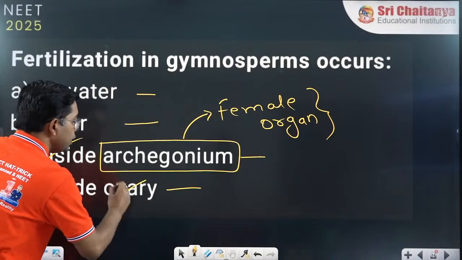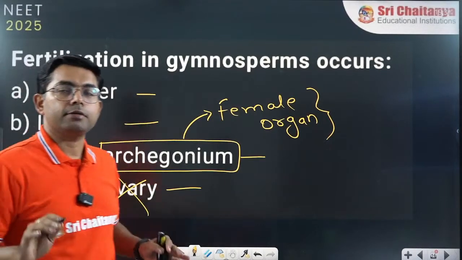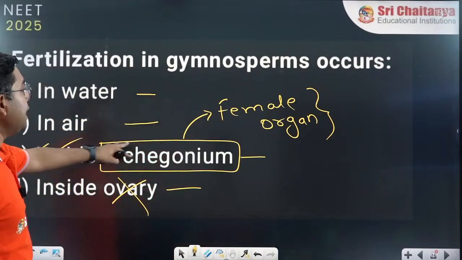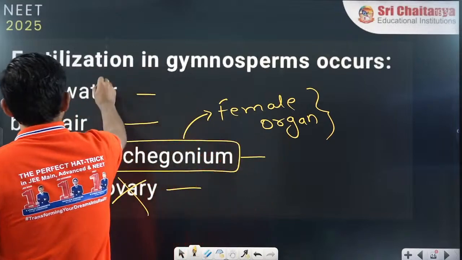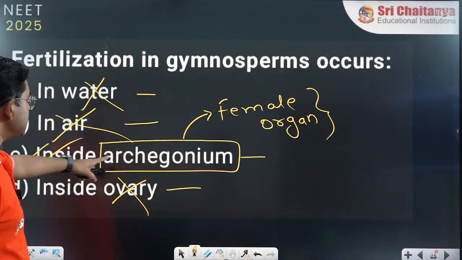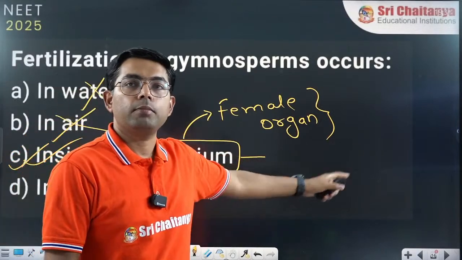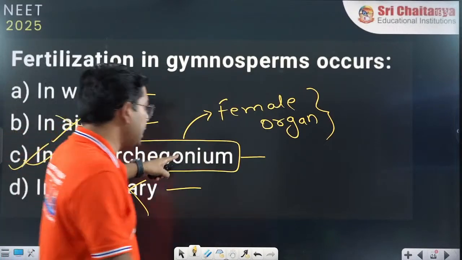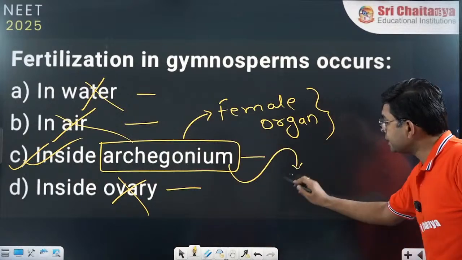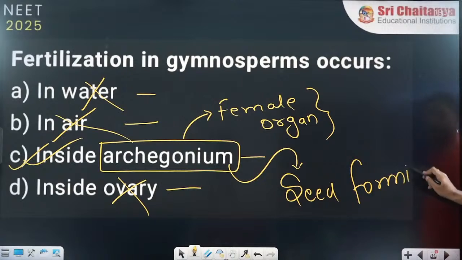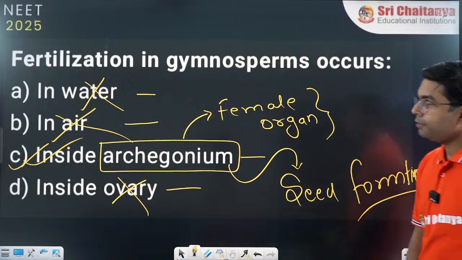Inside the ovary is not possible because the ovary is absent. If the ovary is absent, how can fertilization take place there? In water, no. In air, no. So the only possibility is inside the archegonium. I hope this point is clear. Because fertilization takes place in the archegonium, seed formation takes place. If no fertilization in the archegonium, no seed formation.